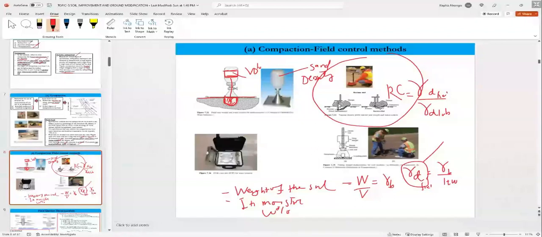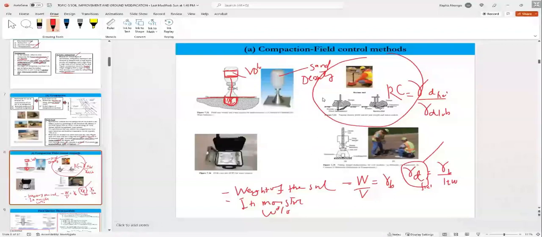These are radioactive elements, what they call nuclear radioactive elements. One would measure the density, and one would measure the moisture. So you are able to measure both the moisture and density in situ at the same time, right there.